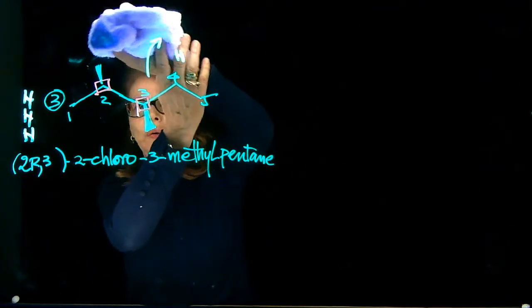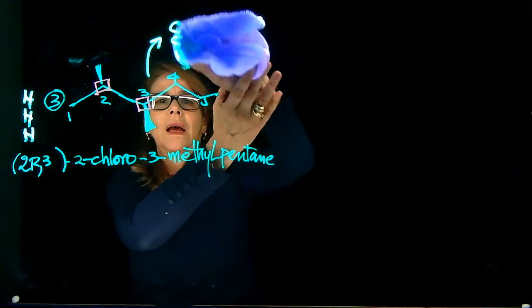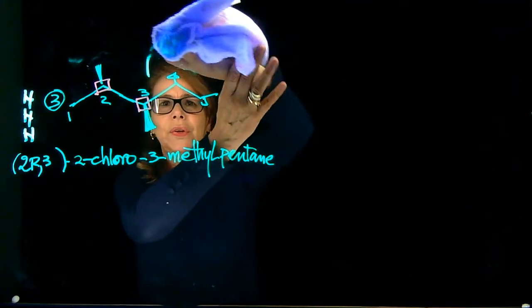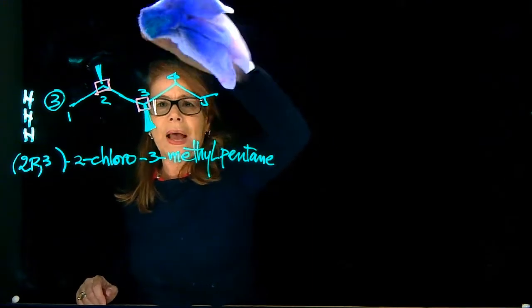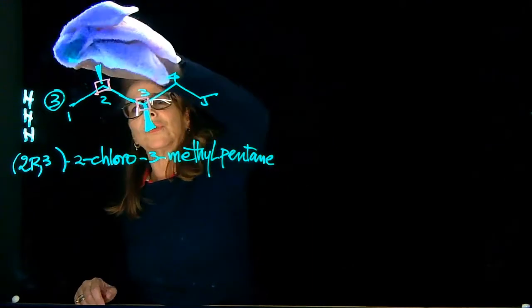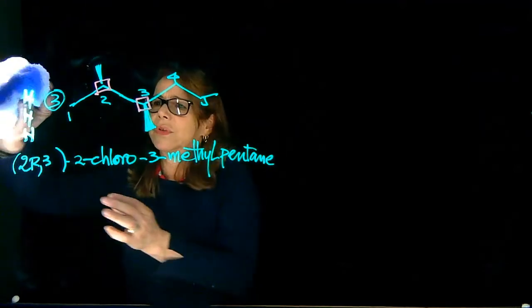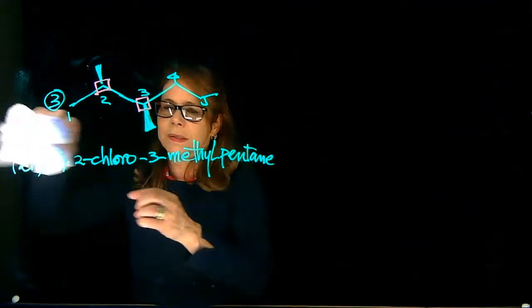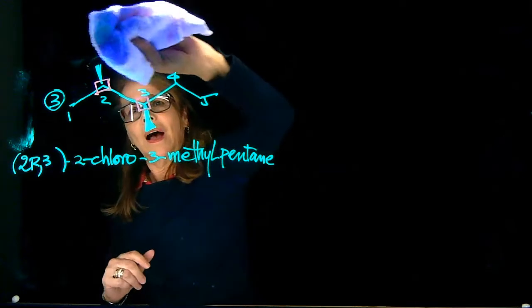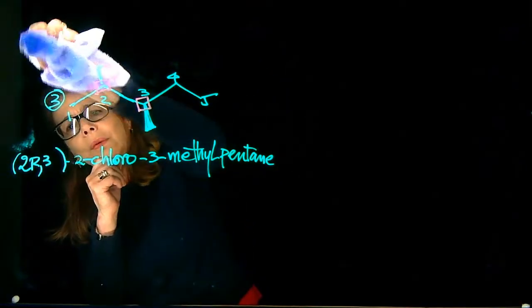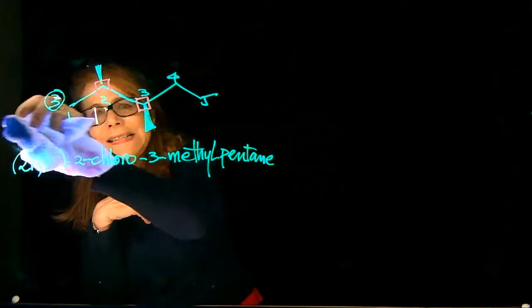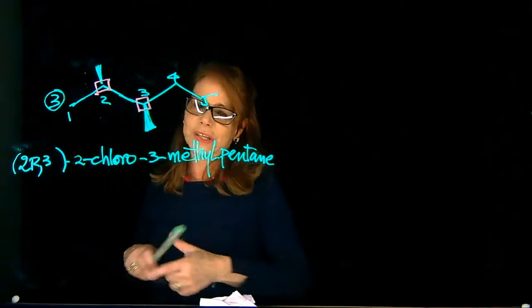Again, what I'm doing is erasing that extra information. You can do that in a separate drawing, of course, but as you get practice and practice, you don't need to draw as much. So I'm just cleaning this up a little bit to do the priorities on the other carbon 3, which is the one that we are now assigning the absolute configuration.